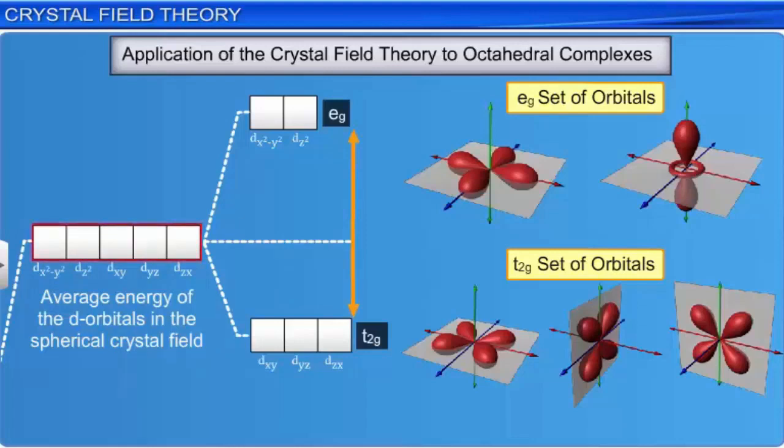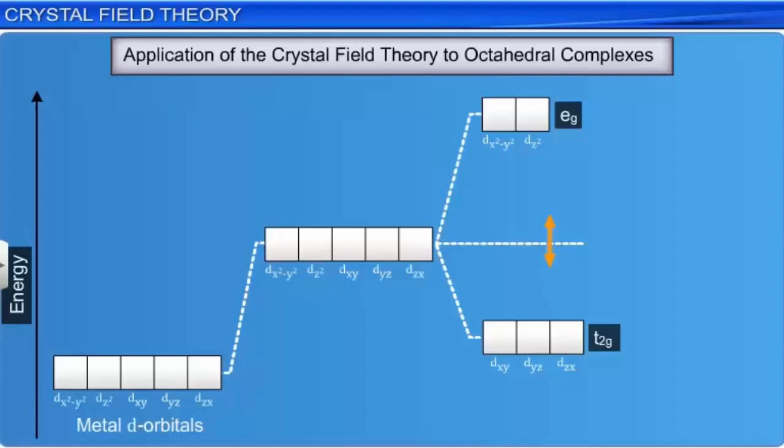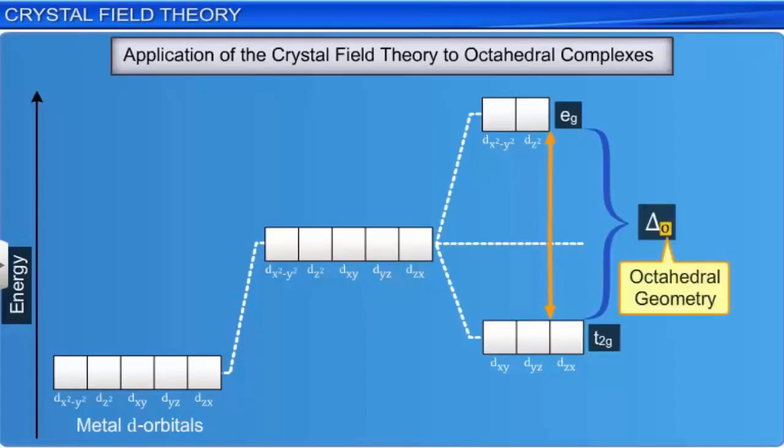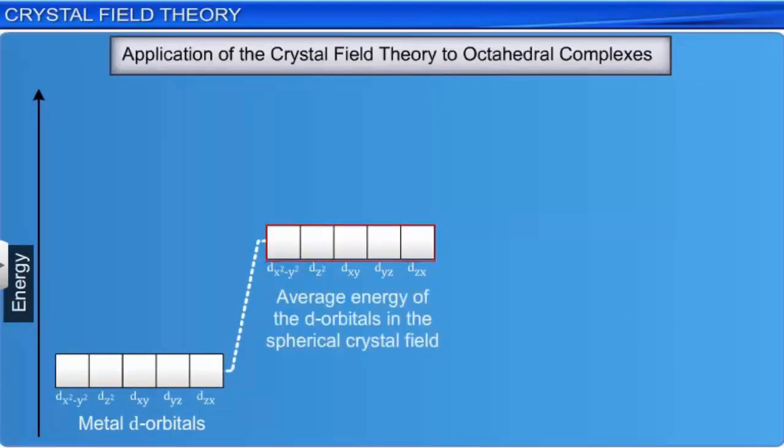During crystal field splitting in an octahedral field, in order to maintain the average energy of the orbitals, the straight line drawn in between the Eg set and the T2g level is called what? Barycenter. So the barycenter energy is constant. The average energy is constant.